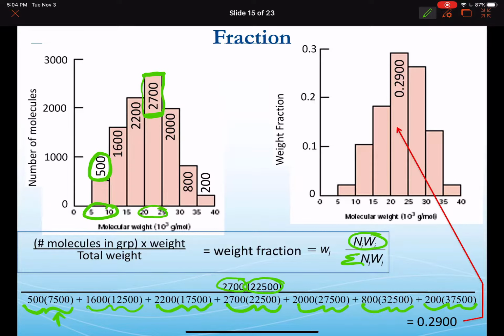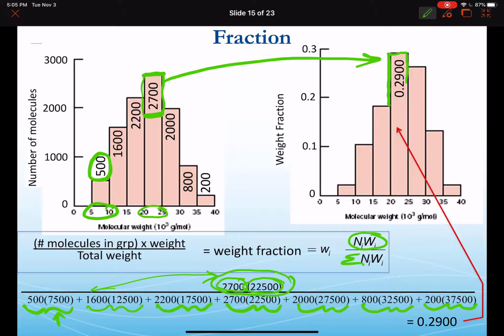So now our weight fraction value for the middle is not easily predicted by looking at the 2,700 number, but it is now a 0.29 value instead. You can see here that by doing the alike calculation, where we take turns swapping the numerator for the different pieces down below, we can build up the new graph, and the shape of this new graph is shifted to the right.